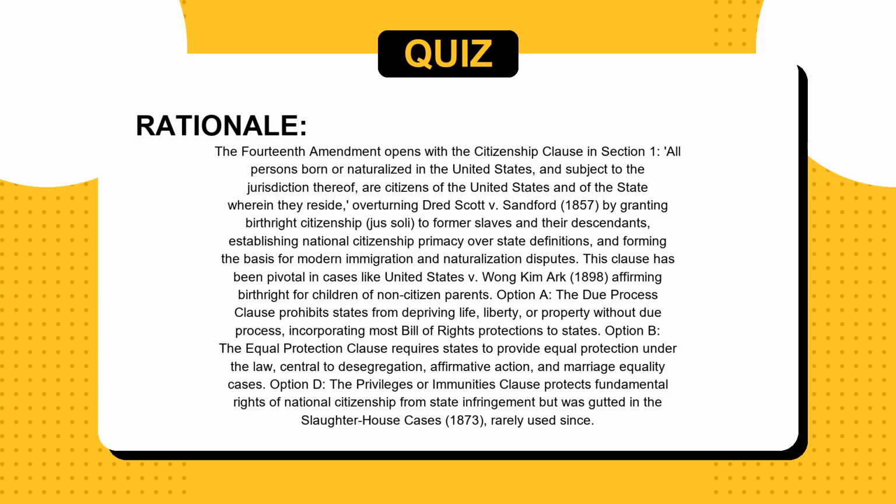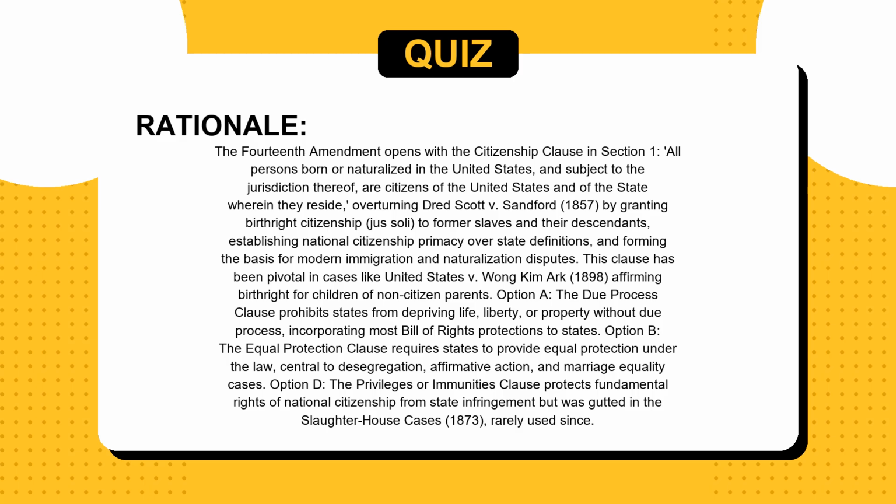Sanford, 1857, by granting birthright citizenship, jus soli, to former slaves and their descendants, establishing national citizenship primacy over state definitions, and forming the basis for modern immigration and naturalization disputes. This clause has been pivotal in cases like United States v. Wong Kim Ark, 1898, affirming birthright citizenship for children of non-citizen parents.